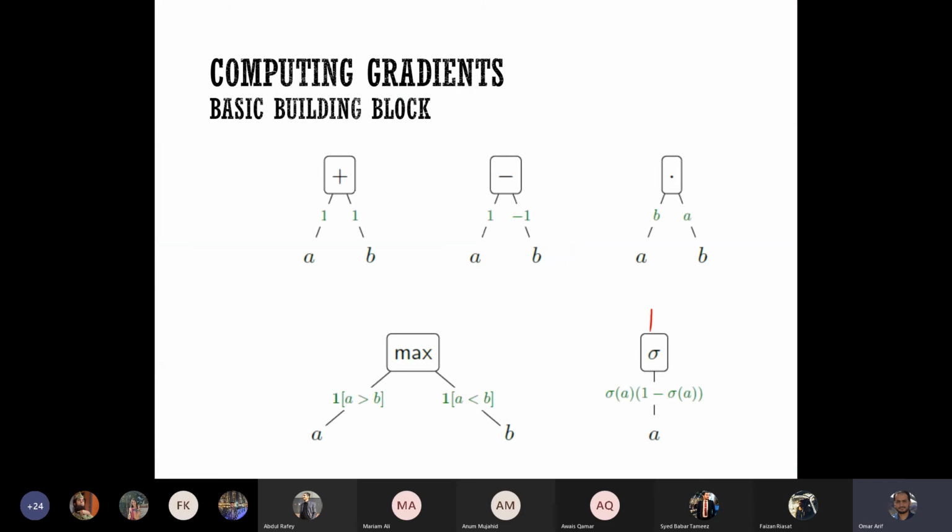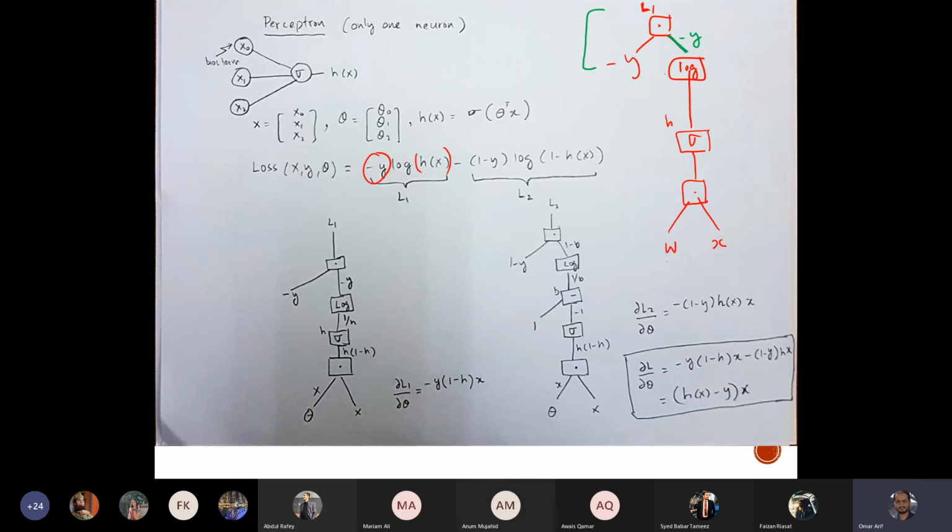We can easily see that if there are two inputs, the derivative of the output with respect to this input is b, which is the second input. So that is what I have done. In that case, minus y is the input, so I have written minus y over here. And similarly, I don't need to write anything over here because I don't need to compute the derivative on this side of the graph.